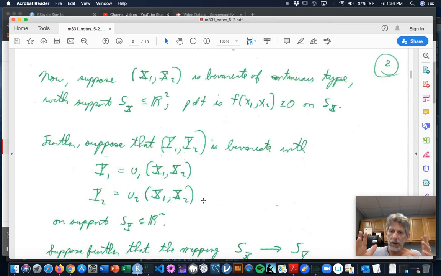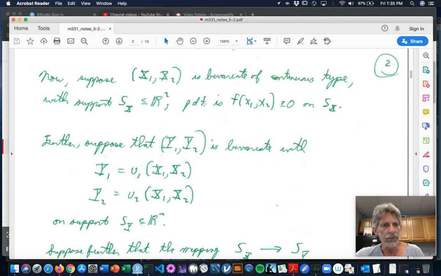Now here comes a theorem that's introduced in section 5.2, and it gets called the change of variables technique. It's basically the same kind of idea as the change of variables technique for dealing with one random variable, but this is how you deal with transformations of a bivariate scenario.